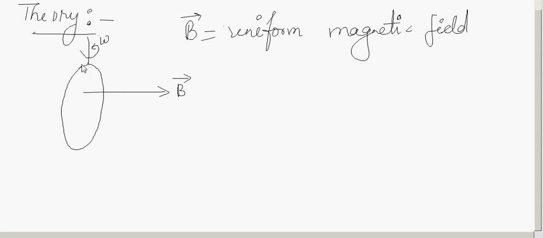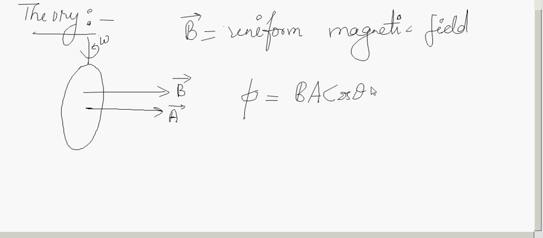Now if the coil is rotated from this position, what is the area vector of this coil? This is A. Now A and B are parallel to each other. That is flux. The flux is given by BA cos theta.